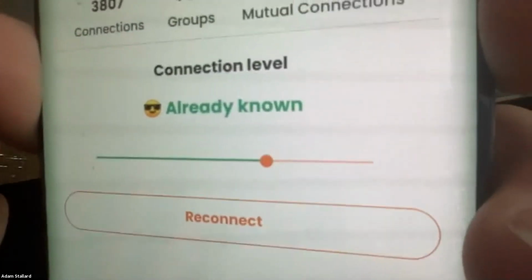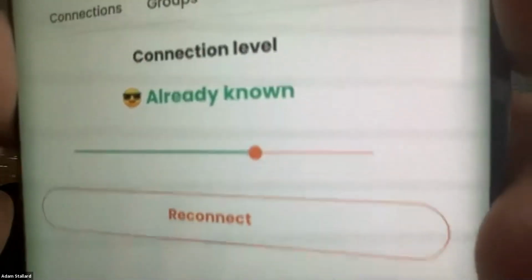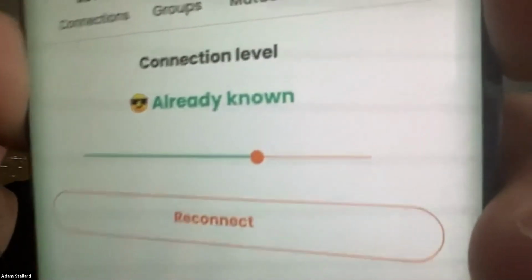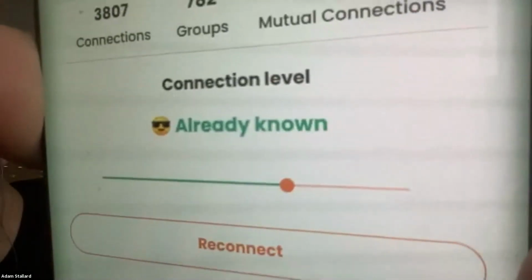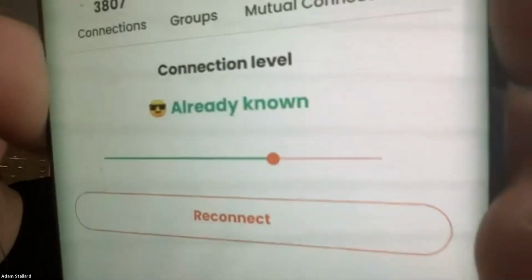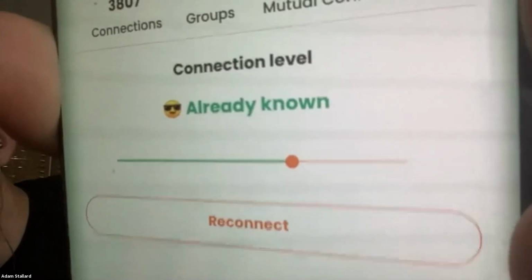So I select a connection level. Puzzler has his own connection level that he's set for me. They don't necessarily have to match, but I already know Puzzler. I've known him for over 2 years now. And so I feel comfortable with the already known level.